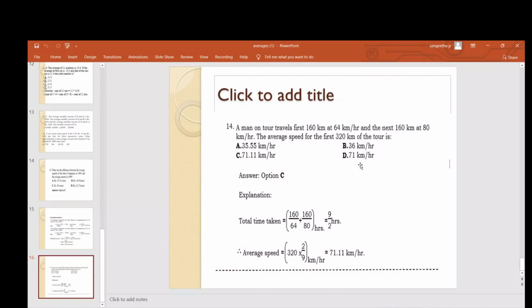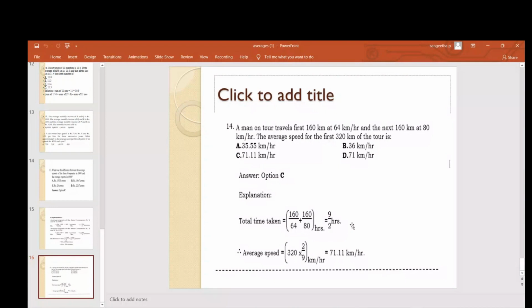That means if I divide his journey into two halves, the first half is 160 and the second half is also 160. In the first half he travels at a speed of 64 kilometers per hour, and in the second half at 80 kilometers per hour. The question asks for the average speed for the first 320 kilometers, which is 160 plus 160. For the first 160 kilometers the speed is 64, and for the second 160 the speed is 80.